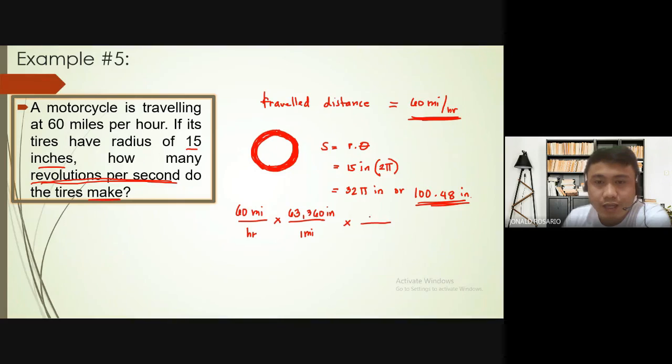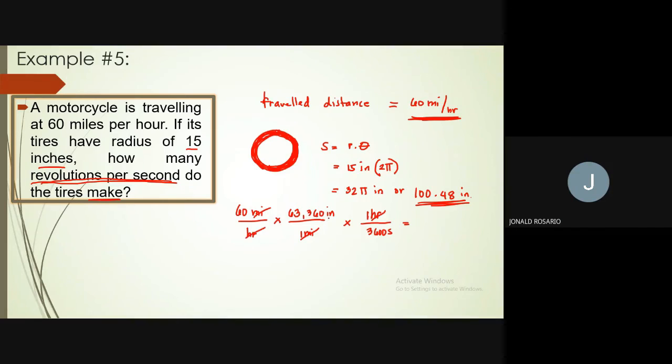Ang seconds natin ay nakalagay sa baba, yung 1 hour sa taas para makancel si 1 hour, kasi taas baba. And of course, this is 3,600 seconds. So by cancellation, ang matitira na lang inches per second.